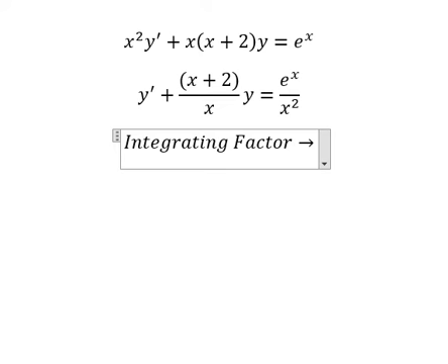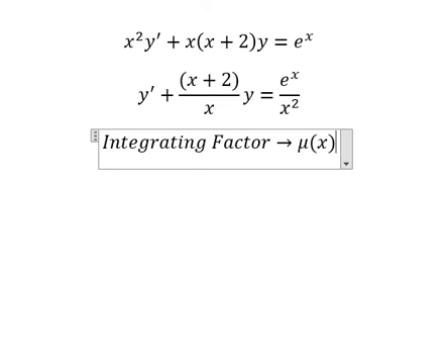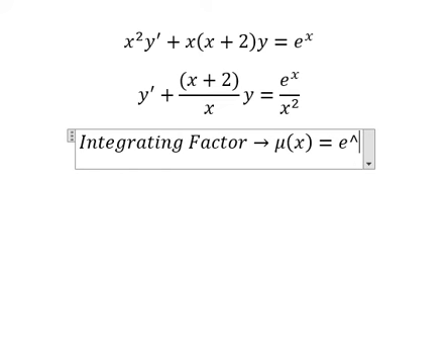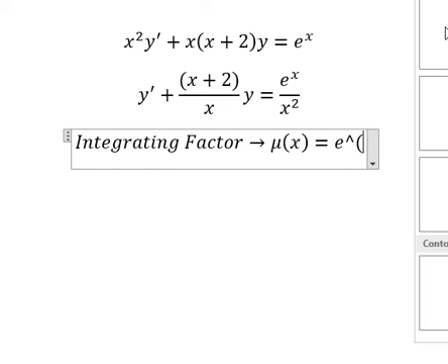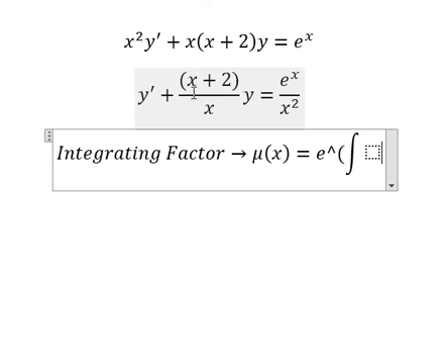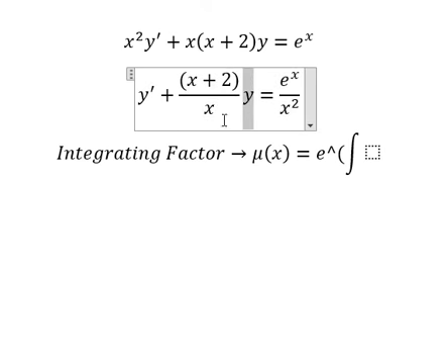So we need to find mu of s equals e to the power of the integration. We see that this one next to y is for the integrating factor, including the positive sign in here.